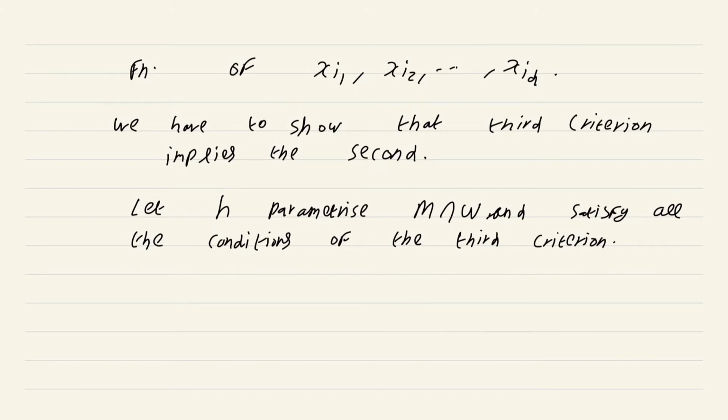Now we know that, first of all, we assume H of 0 is equal to A. We also know that rank DH0 is equal to d. This is part of the hypothesis of what it means for H to be a local parametrization.